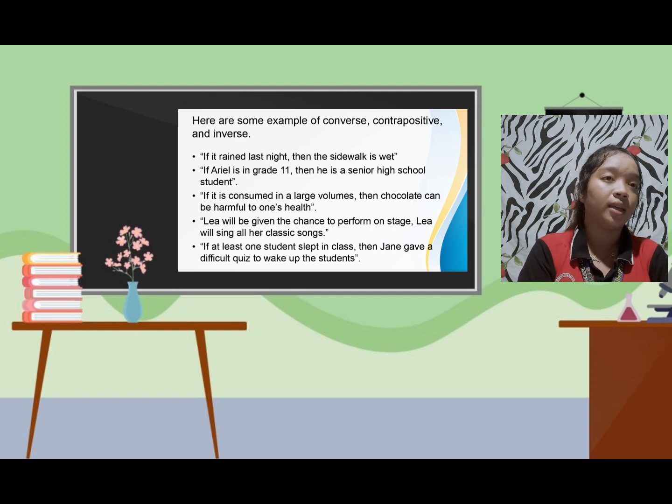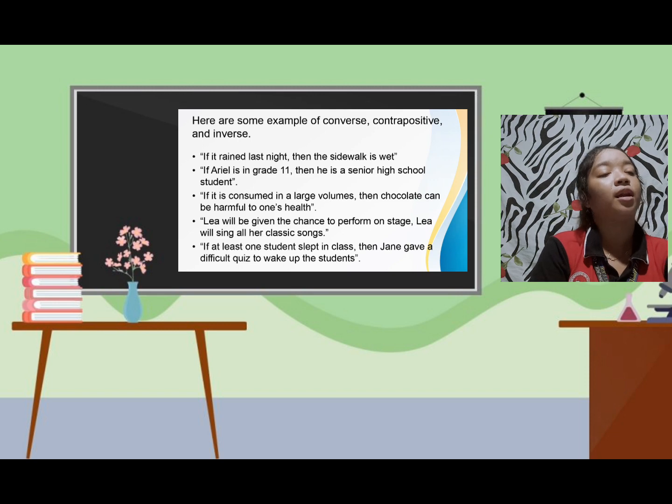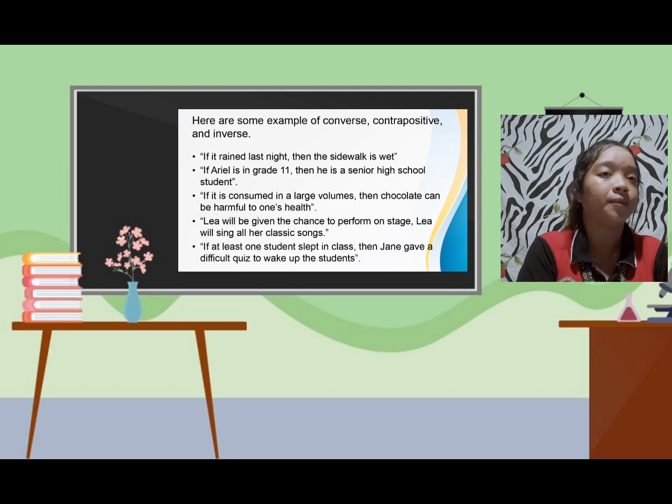So to find the inverse of this conditional statement, we need to find first the negation of P implies the negation of Q. So remember, guys, that the inverse is the opposite of the contrapositive.